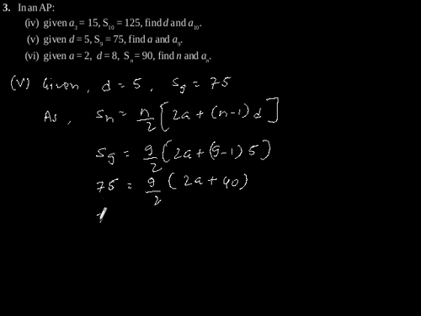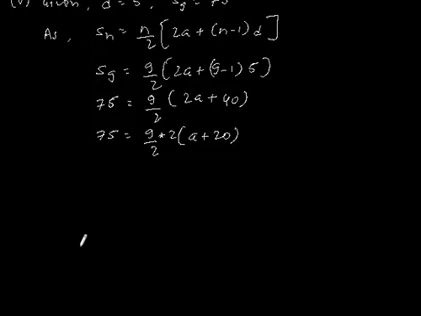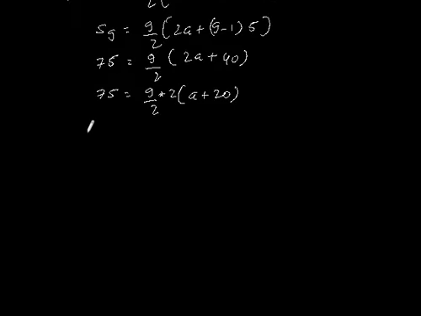Solving this, 75 is equal to 9 into 2, taking 2 common, this will remain a plus 20. Now this 2 will cancel out, which gives 75 is equal to 9 under bracket a plus 20. Now this implies 75 by 9 is equal to a plus 20.